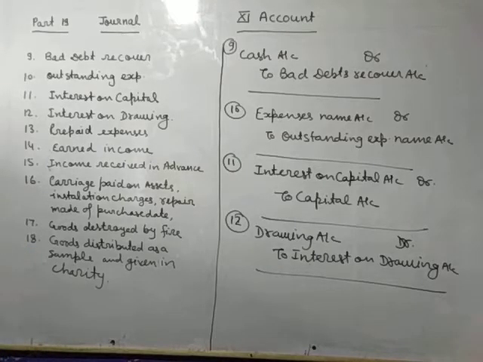In some places, in the place of drawing, if anyone writes capital account debit to interest on drawing, that will also be considered correct, because drawing is at last transferred to the capital account, capital debit to drawing, so drawing is converted into capital. So in the place of drawing, if anyone writes the capital account, that is also correct.